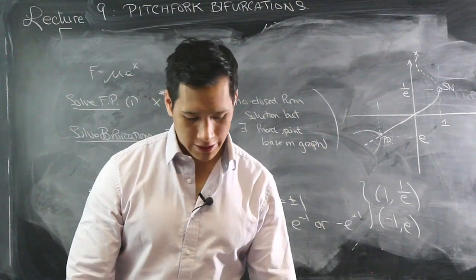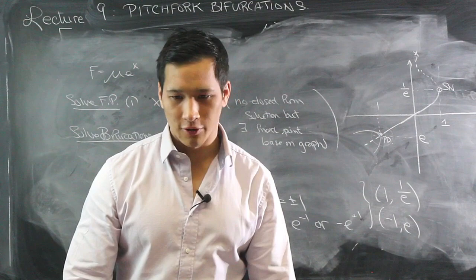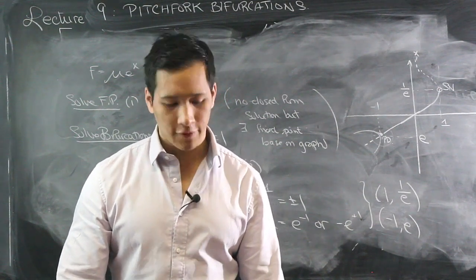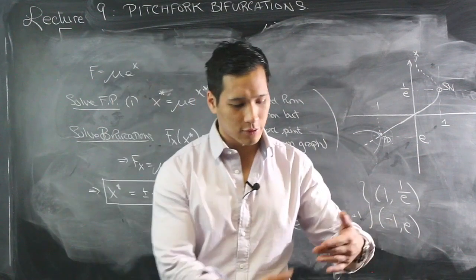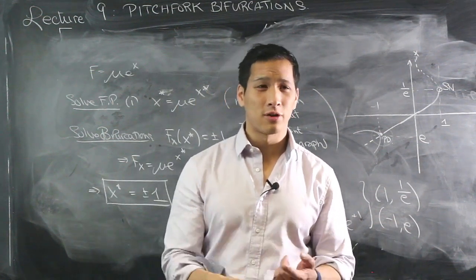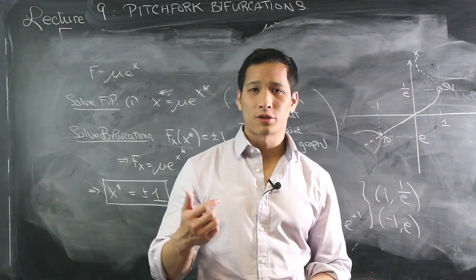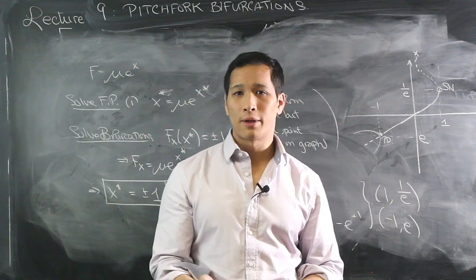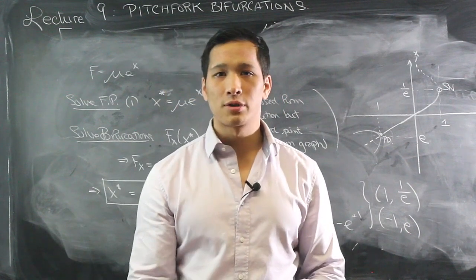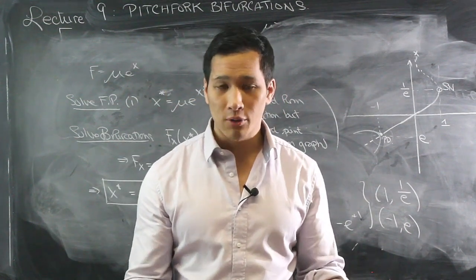Okay, that's basically it. I'm sorry I've gone a little bit over time, but we've finished up chapter 5 this week. We've talked about the 3 different types of bifurcation: saddle node, transcritical, and pitchfork. We also talked about codimension, the number of conditions you need to impose to get these bifurcation points.